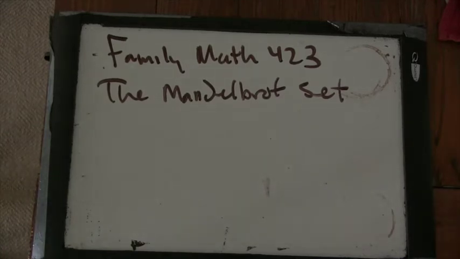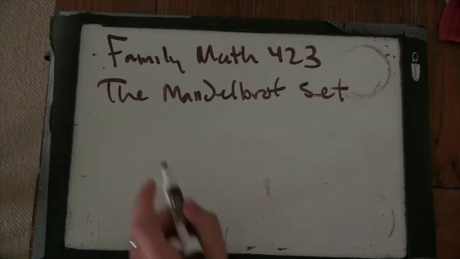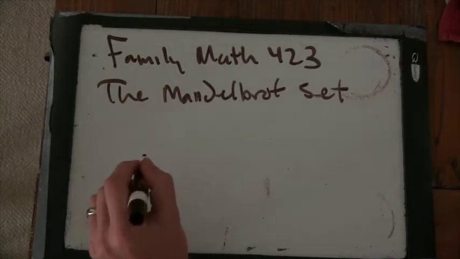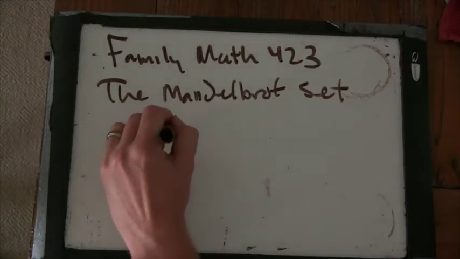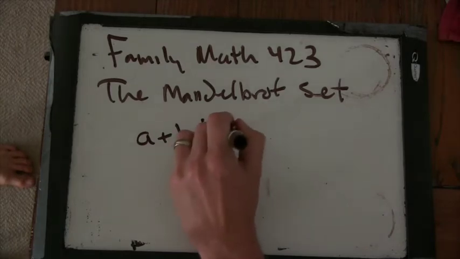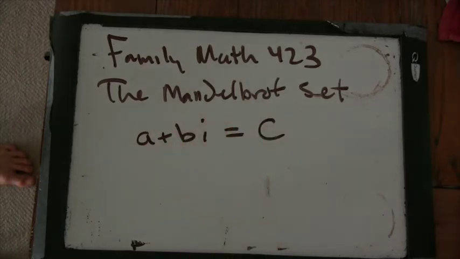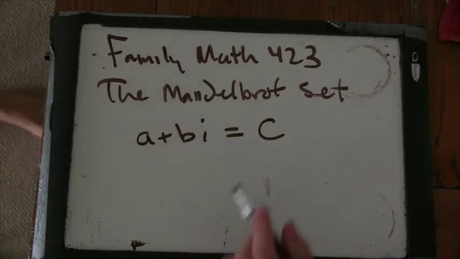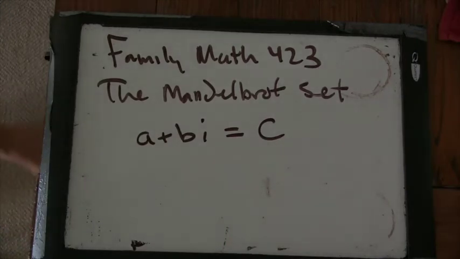So, how you make the Mandelbrot set is you start with a complex number, a plus bi. And we're going to call this number c. C usually stands for constant in math, and it's been like that for a long time. Been constantly true.